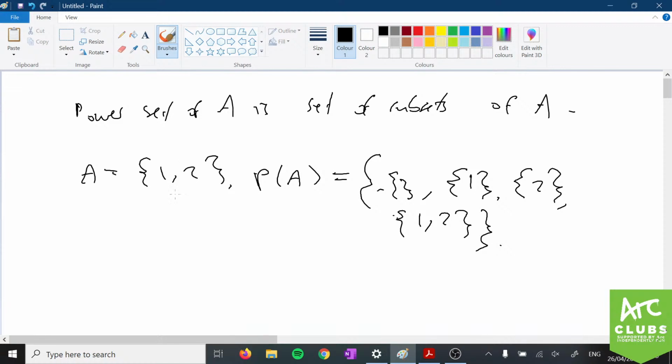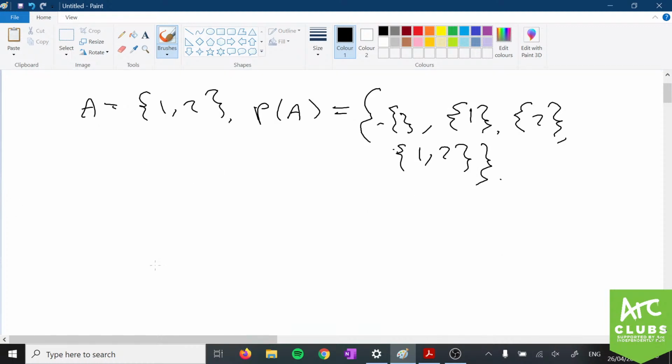And there's a formula for finding the size of a power set given the size of the original set. The formula is the size of the power set of A is 2 to the power of the size of A. And if you think about it, if you're building a particular subset of A, then for each element you have 2 choices. You're either going to include it in your subset or not include it.